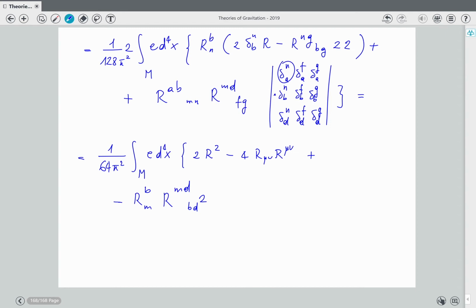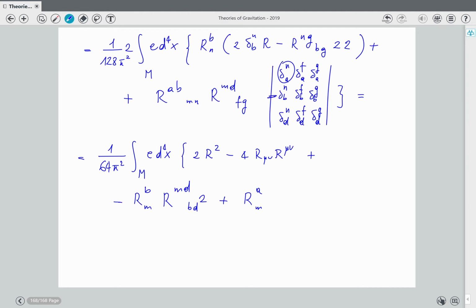Now we have here and here, delta NB and delta ND. Yes, we have to do them all that because there is no anti-symmetry now. So delta NB here gives plus the Ricci tensor with indices A and M, because we are contracting the second and fourth indices.